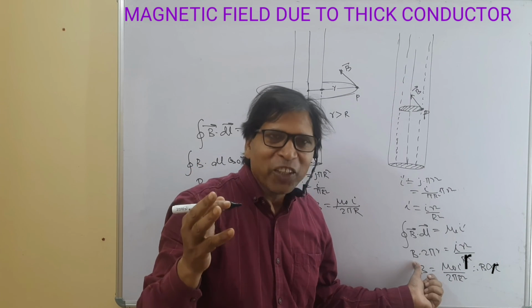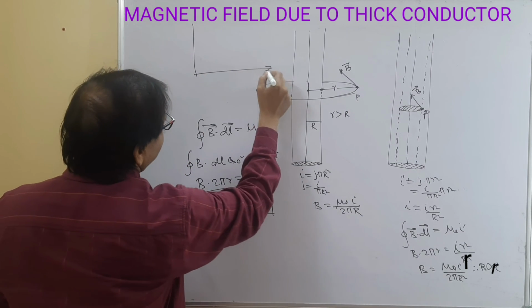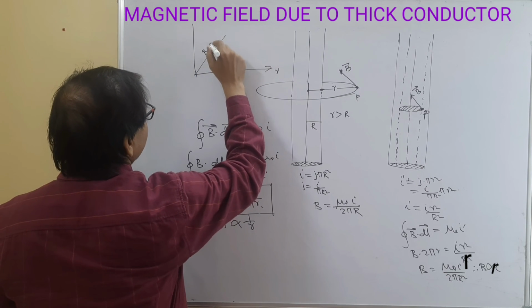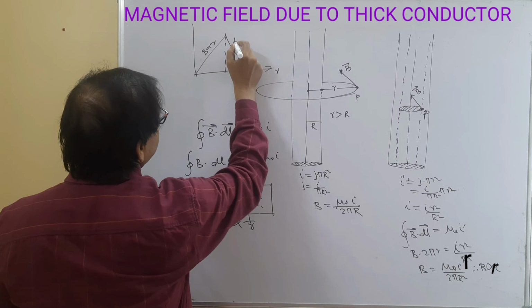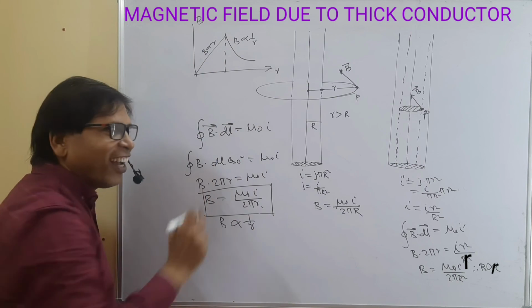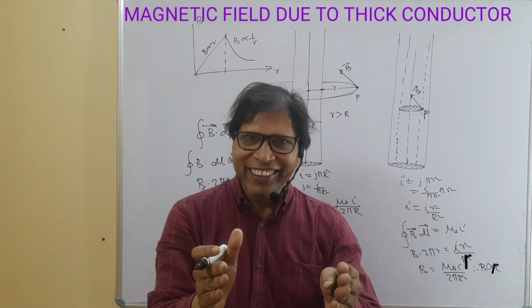Understood? So the graph between B and r becomes like this. This is inside it, so here B is proportional to r. And outside this region, B is proportional to 1 by r. Okay? Understood? Hope you will understand this.